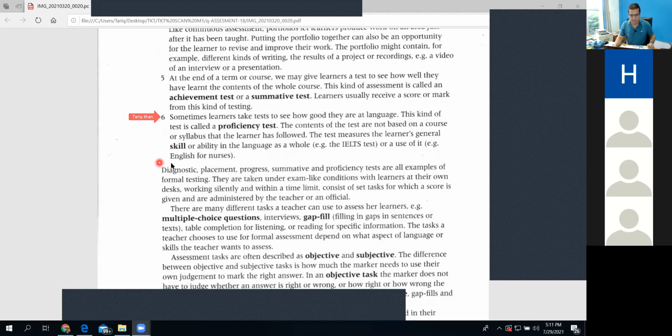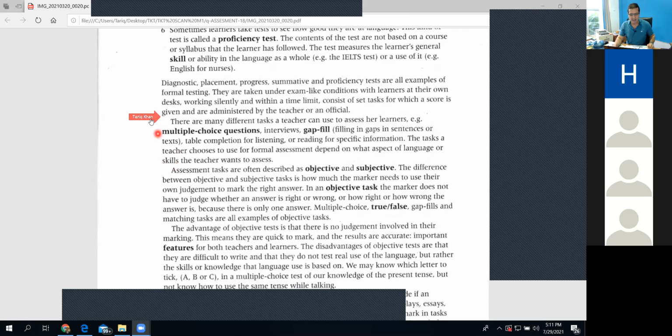So shall we go ahead after the proficiency? Now note it down here: diagnostic, placement test, progress test, summative test, and proficiency test are all examples of formal testing. These all we are doing as formal testing.